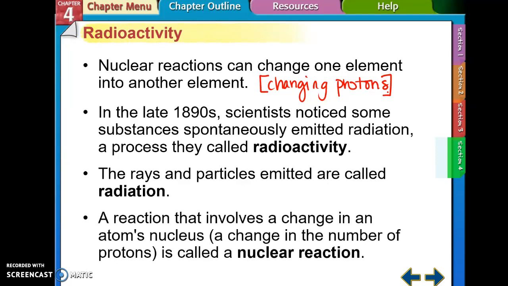And this is why when you hear something called a nuclear reaction, if you've heard of a nuclear physicist, or if you've driven by a nuclear power plant, or you've heard of a nuclear bomb, any reaction that involves a change in the nucleus, that's changing the number of protons, is called a nuclear reaction. So just be aware that we are not going to change the number of protons at all until the very end of this course. So thanks so much for your attention.